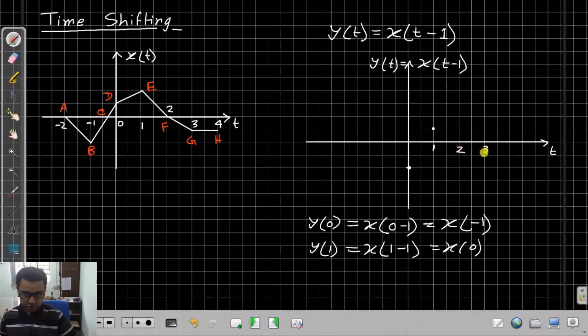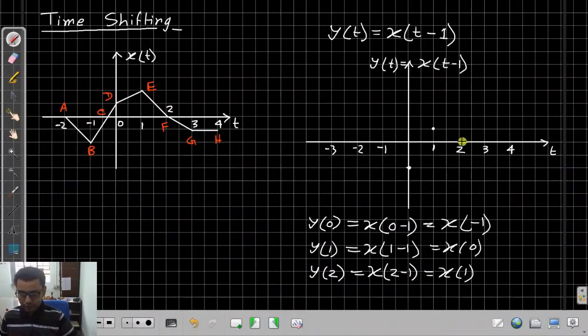Then 2, 3, 4, here on this side minus 1, minus 2, minus 3. We have to find the value of y at these points. So let's find y(2). y(2) is x of 2 minus 1, that is x of 1, and x of 1 is this point E, which is 2.